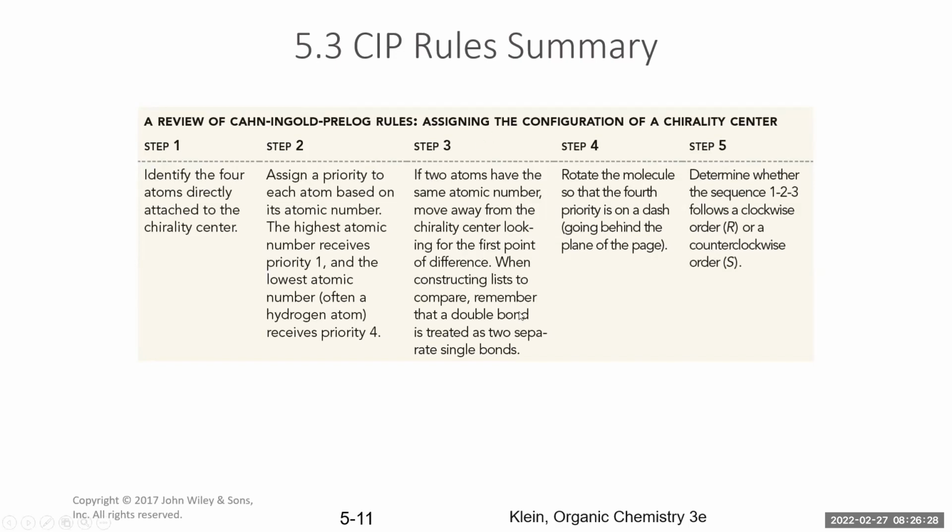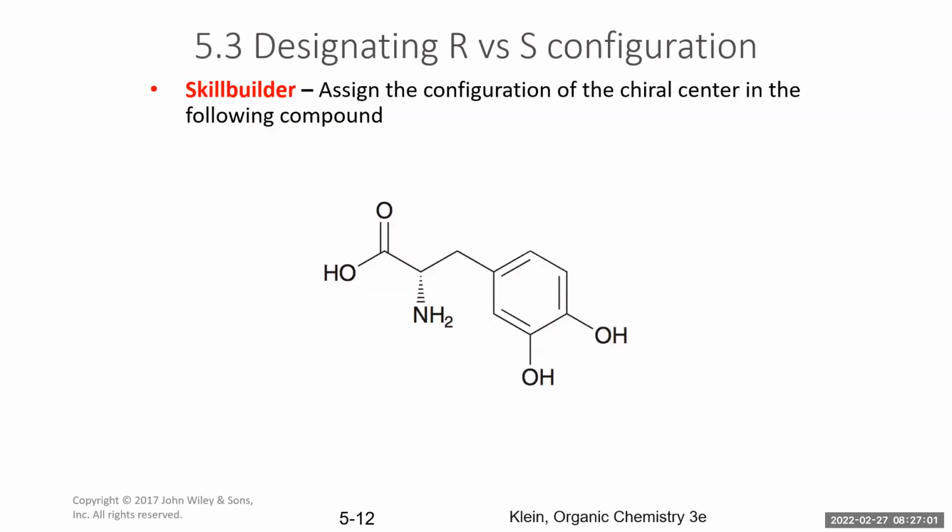So this is the start where, if you have a tiebreaker, then you have to keep going until you find a point of difference. Then once you have all 4 groups prioritized, 1, 2, 3, and 4, you need to rotate the molecule or switch groups so that the fourth priority is on a dash, or going behind the plane of the page. With it in that orientation, you can determine whether the sequence 1 to 2 to 3 follows a clockwise order or a counterclockwise order to designate R and S respectively.